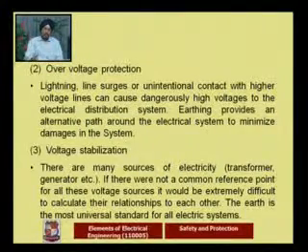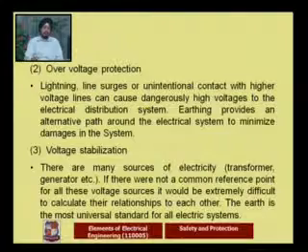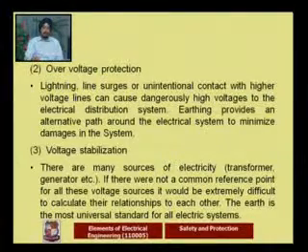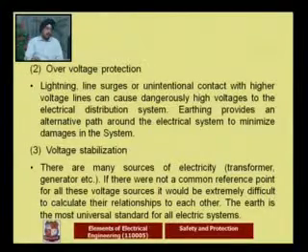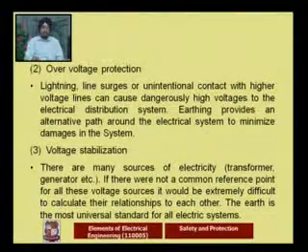Next one is the voltage stabilization. Voltage stabilization means we require one reference or one common platform, which is going to be provided by the earthing, because it is going to have zero potential, right? There are many sources of electricity, on the domestic side or the generation side, transformers are there, generators are there.